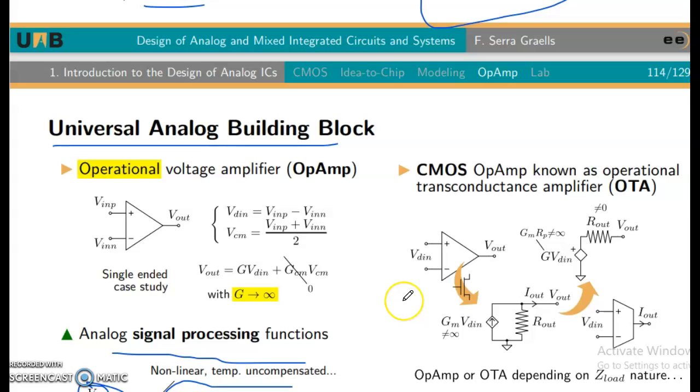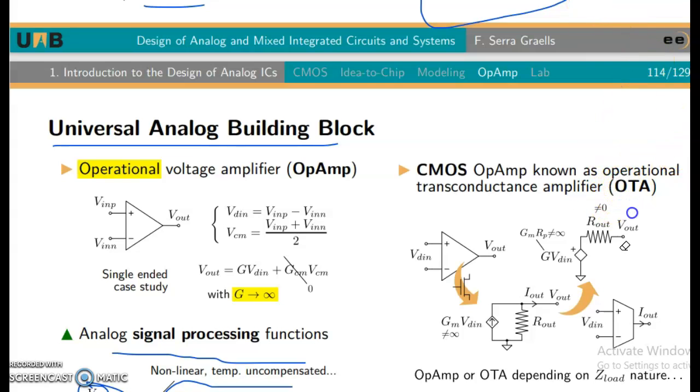The CMOS op-amp is known as the operational transconductance amplifier, that is OTA. O for operational, T for transconductance, A for amplifier. Okay.